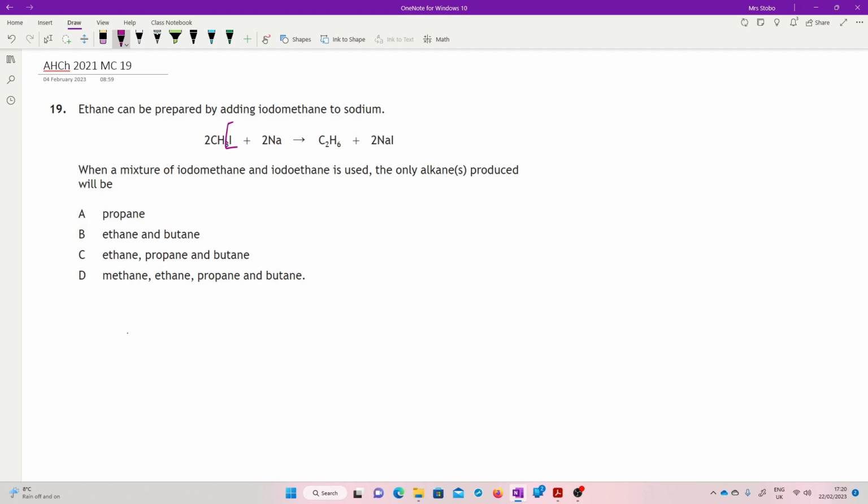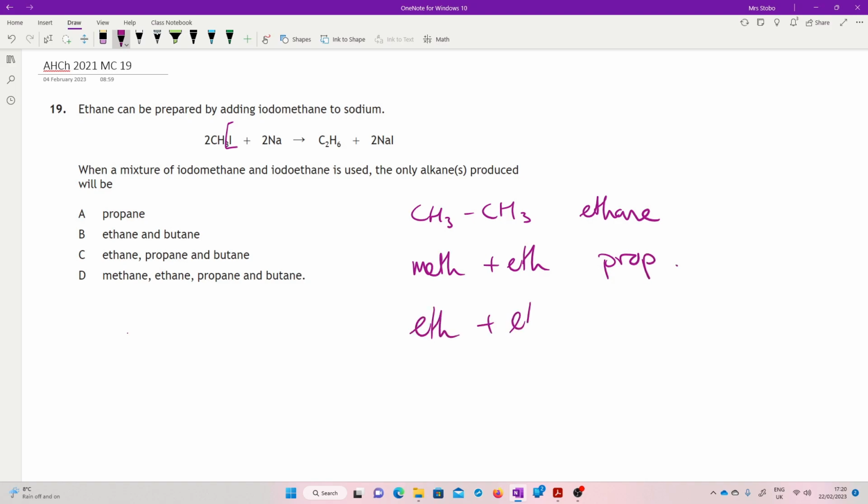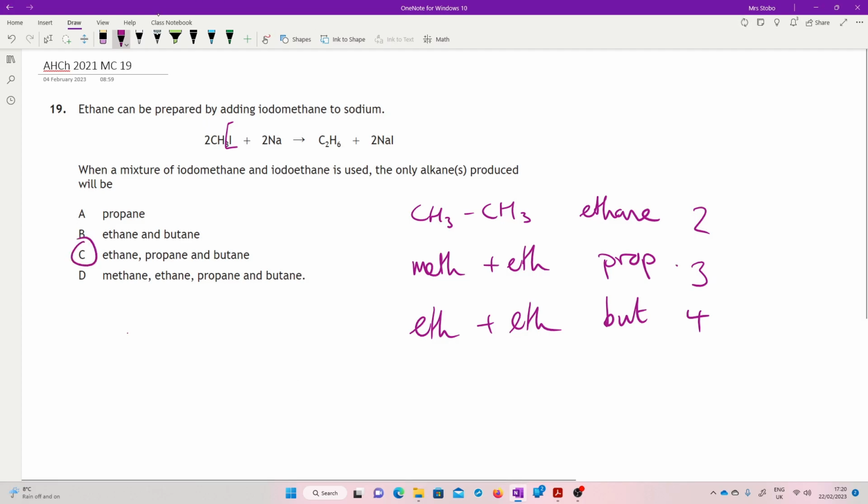So we've got methyl attaching to methyl, giving us ethane. We could also have methyl and ethyl, giving us propane, or we could have ethyl and ethyl, giving us butane. So either a 2, a 3, or a 4, because our combinations are 1s and 2s, and hence the answer is C.